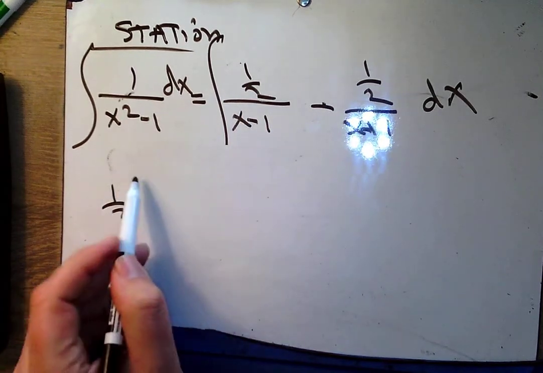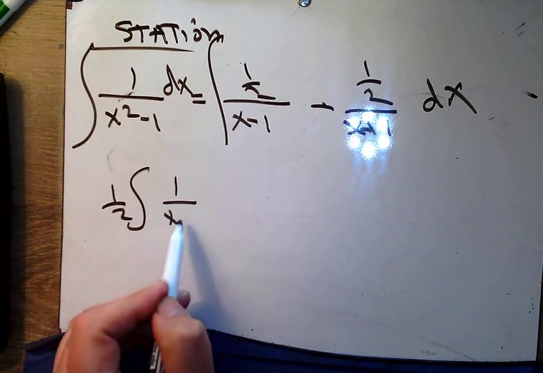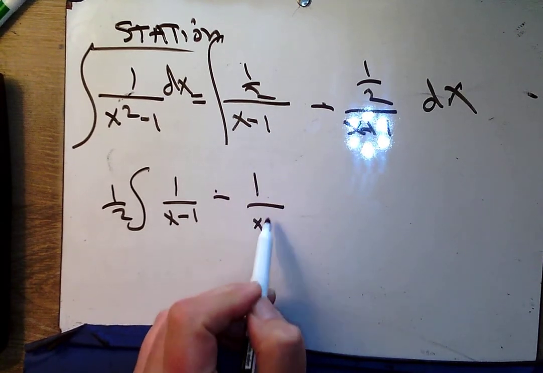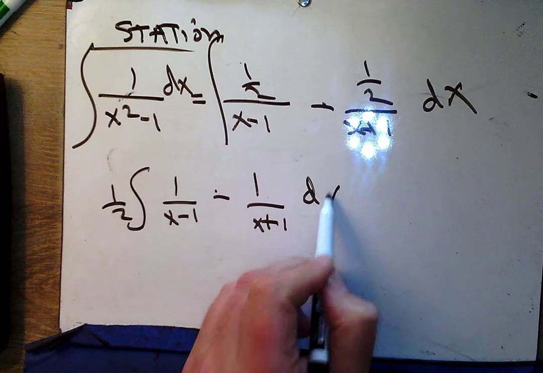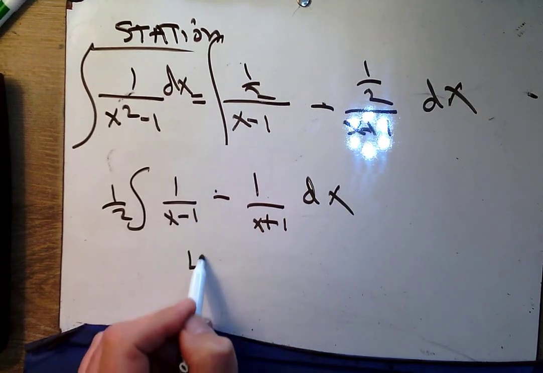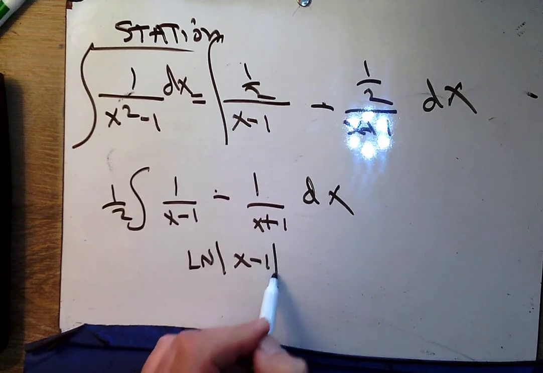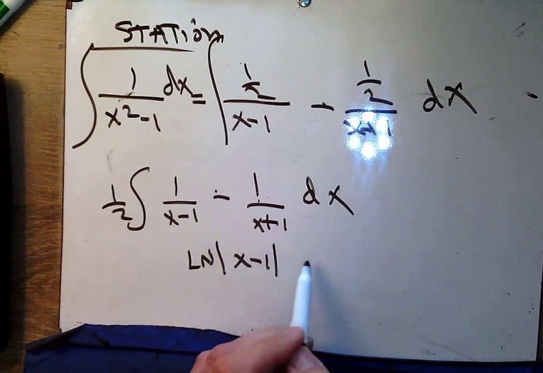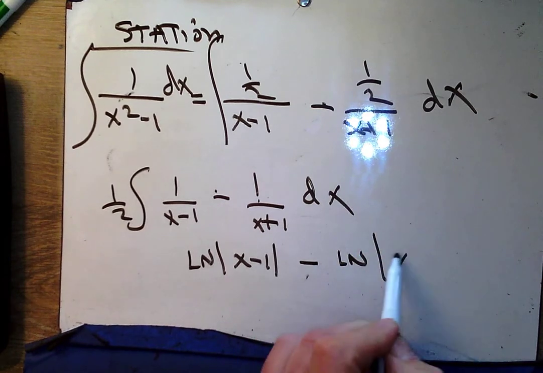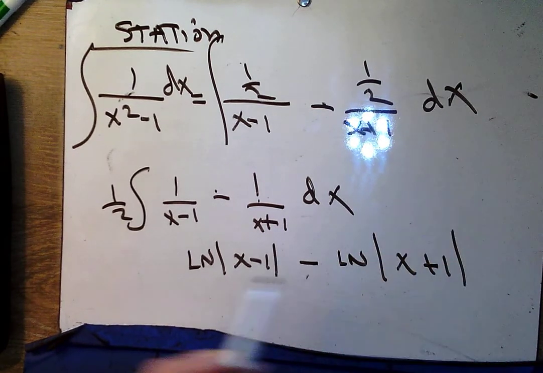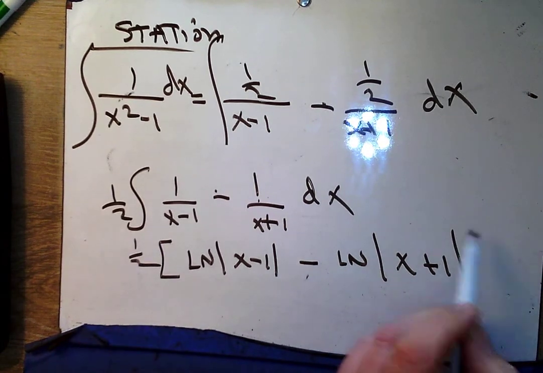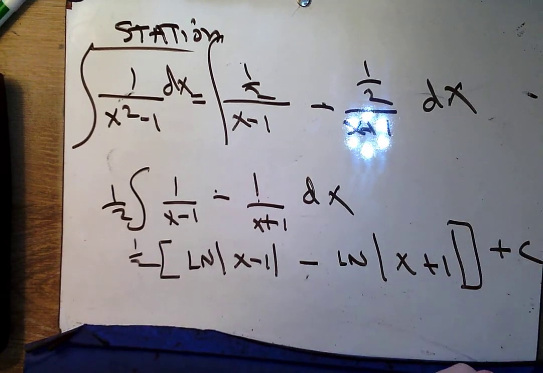Pull out that 1/2. 1 over x minus 1 minus 1 over x plus 1 dx. So the antiderivative of this is ln of x minus 1, and the antiderivative of this is ln x plus 1. Don't forget you have 1/2 here, and don't forget there's a plus c.